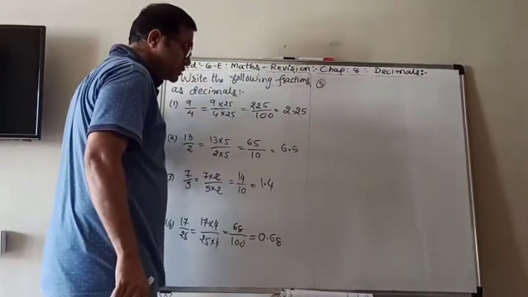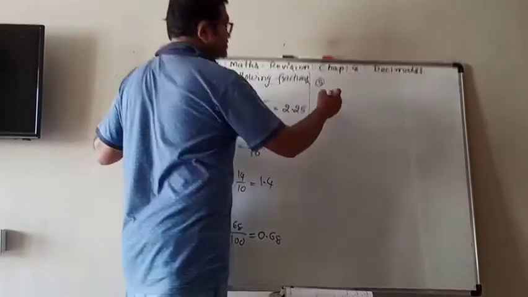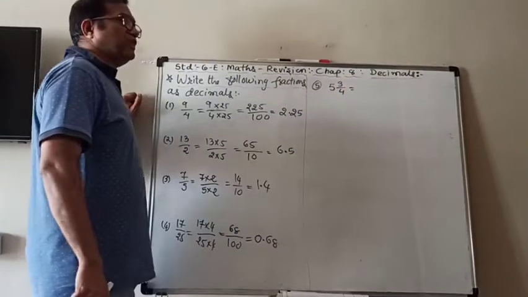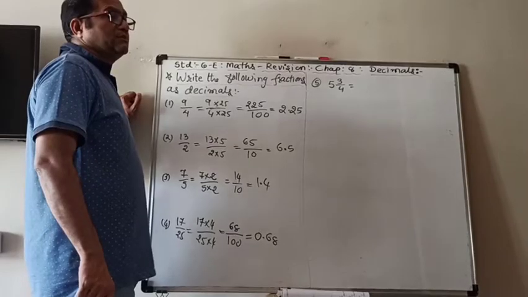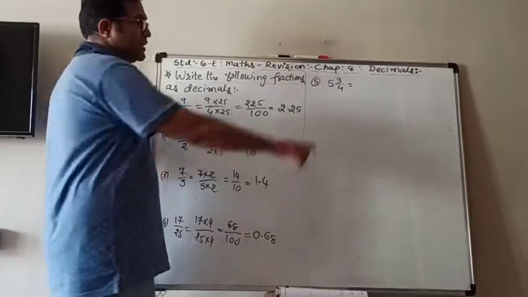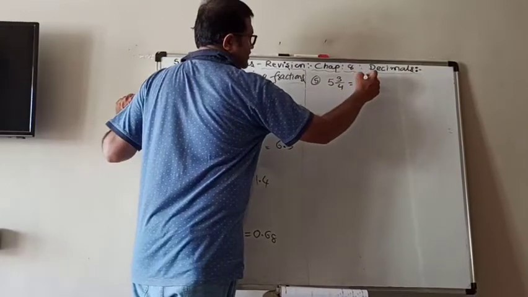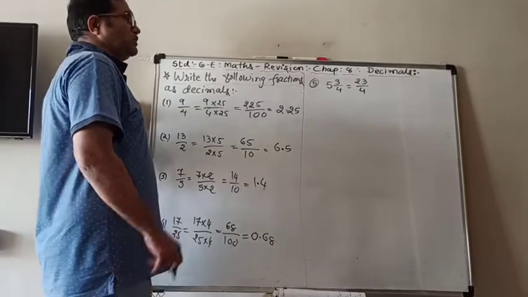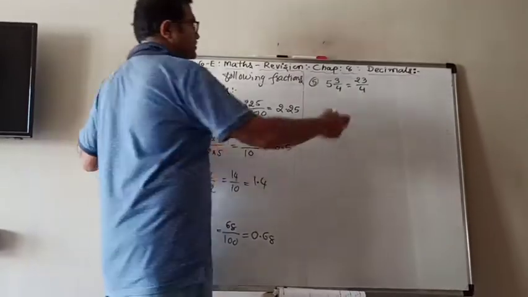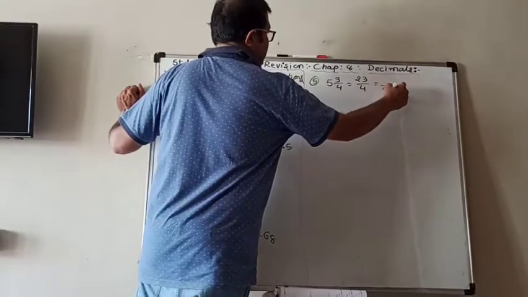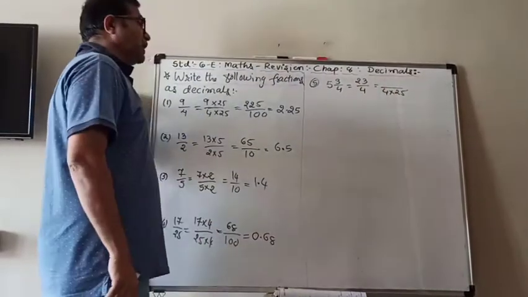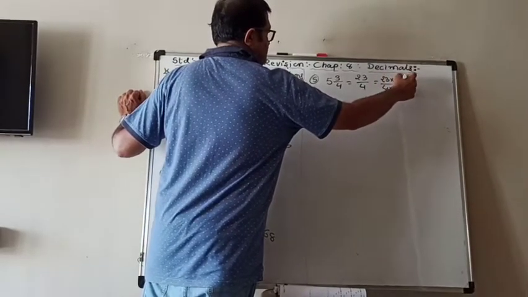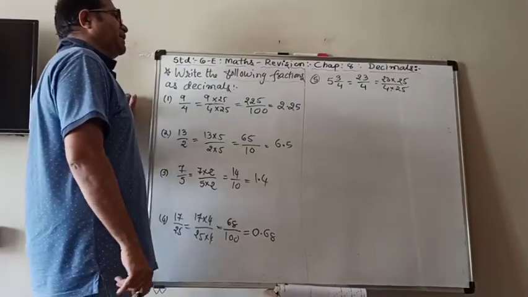Fifth one, 5 integer 3 upon 4. Now here first we have to convert it into an improper fraction. 5 4s are 20 plus 3, that is 23 upon 4. So now for 23 upon 4, we have to multiply 4 by 25 to bring 100. 25 4s are 100. So 23 also must be multiplied by 25.